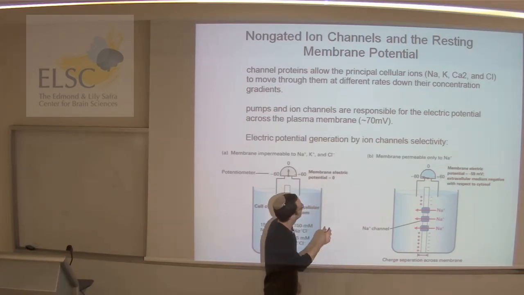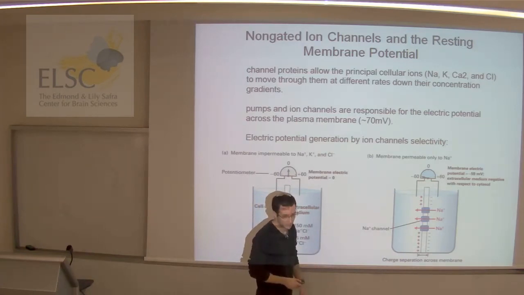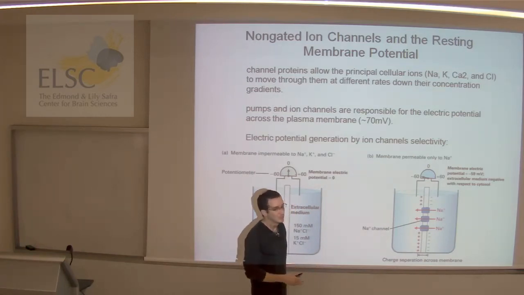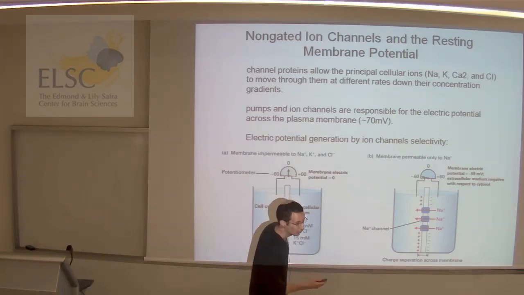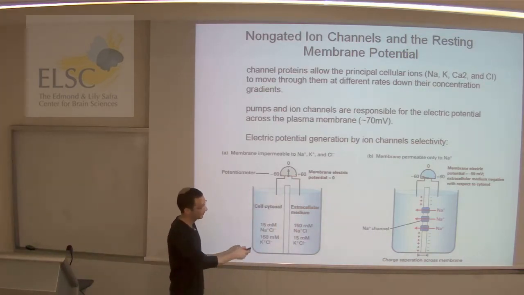And this is exactly the molecular explanation for the minus 70, because different non-gated ion channels exist in the cellular membrane, but they have different rates of transition, and they also exist in different abundances. The most abundant non-gated ion channel is for potassium, and the battery, or the reversal potential, for the potassium ion is around minus 80.